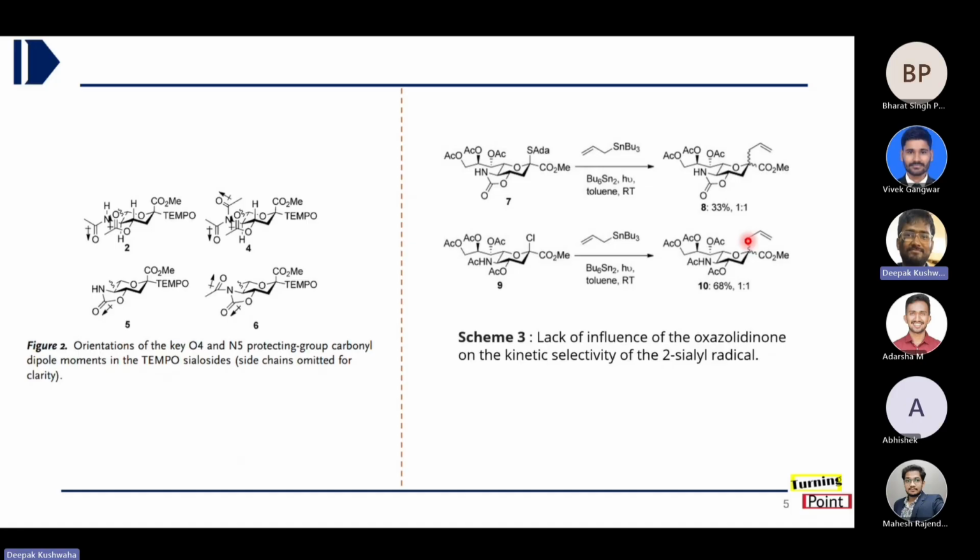But at that moment, if I remember from this paper, why they selected these things: they selected this to show the kinetic selectivity. In the case of a kinetic product forming, the protecting group influence is not there.